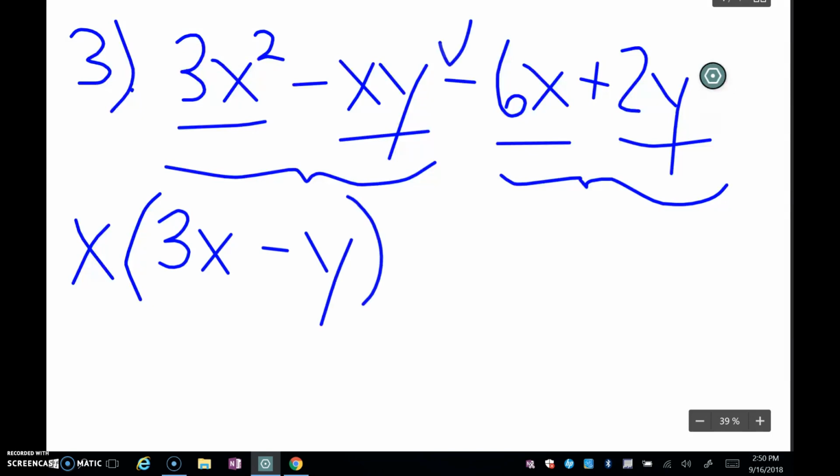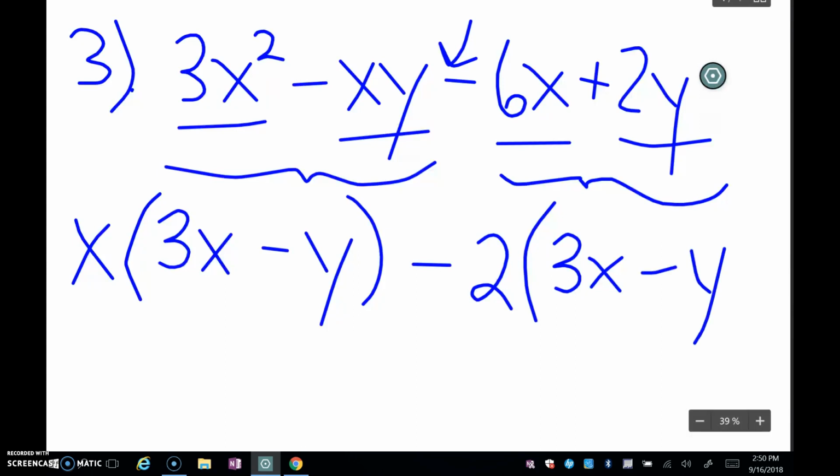Now I go to my sign here in the middle, so it's a minus, so I'll try the minus. My last 2 terms, 6x and 2y, have a 2 in common, and that's all. If I factor a 2 out, remember it's a negative 2, I have left a 3x, and because that's a negative 2 and I need to get a positive 2y, I'm going to put another negative down here, and I have left a y, and that does give me my minus 6x plus 2y.